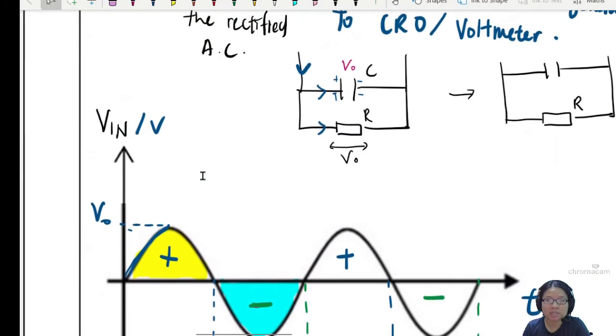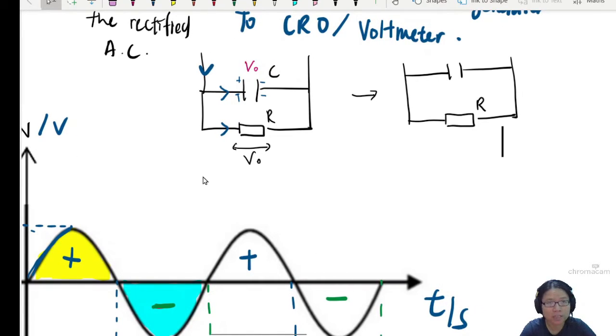So what happens is the capacitor will now store energy. The capacitor with the stored energy is like, hey, you were storing for a rainy day, right? Look at all this charge. We were storing for a rainy day. So the capacitor will now give back the charge, or the current, to the resistor, right?